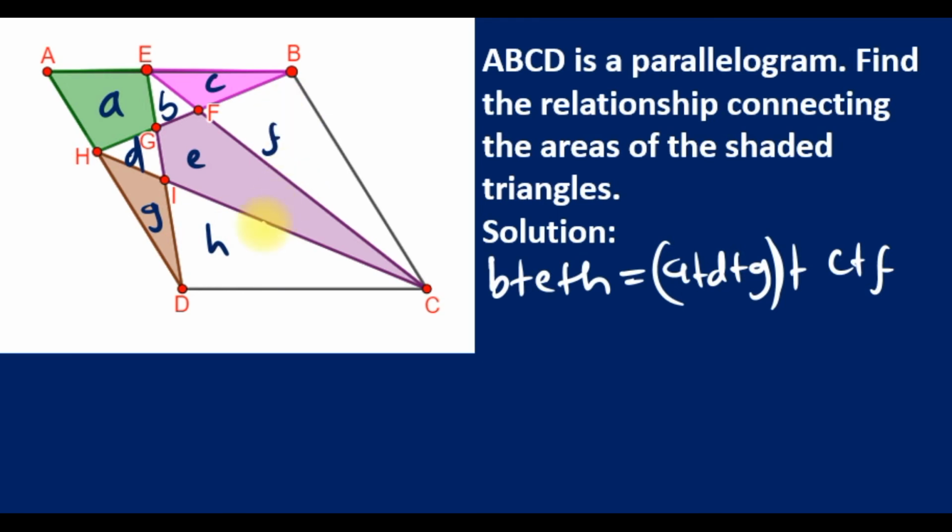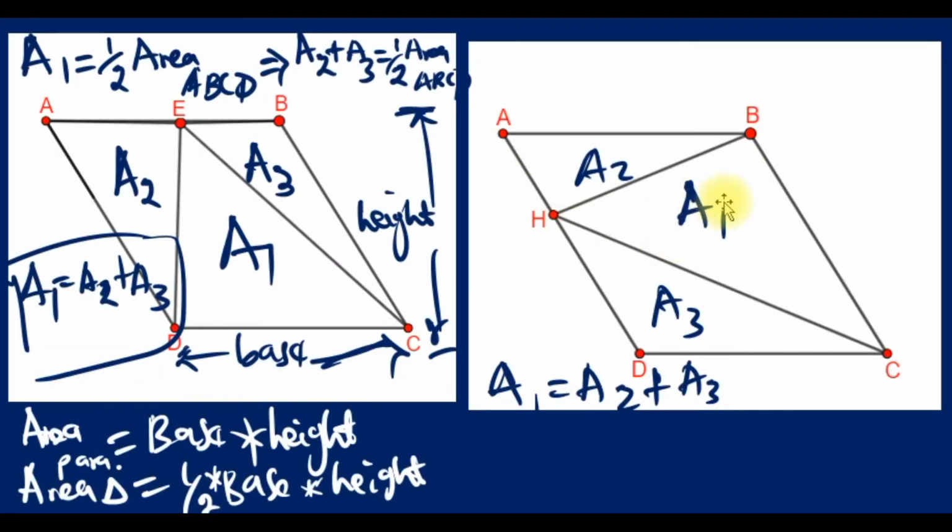Again, because they have the same base and height, you can easily see that this one, which is that same B plus E plus H, will also be equal to D plus E plus F. Yes, because looking at this diagram, that's the same A1, because of the same base and height.